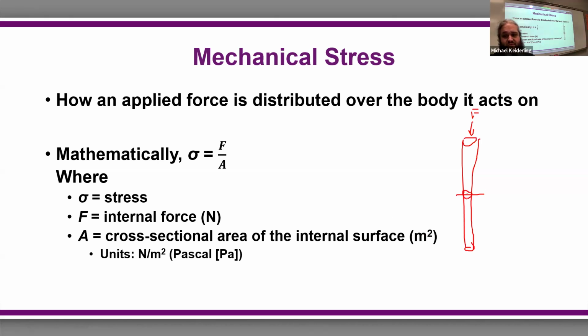So it would be this slice through the rod. That would be the area in question. So that's the cross-sectional area of the internal surface. So it's newtons divided by area, meters squared. The units are newtons per meter squared or pascals. Because meters squared is a very large area, the pascal is a small unit.